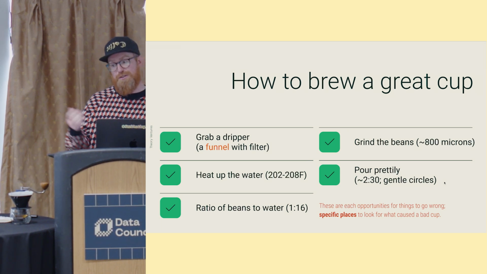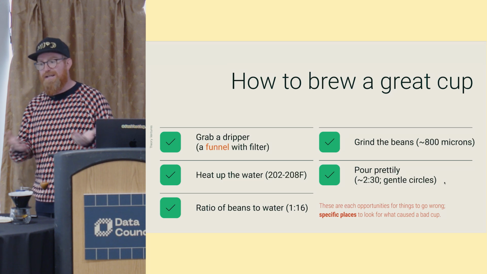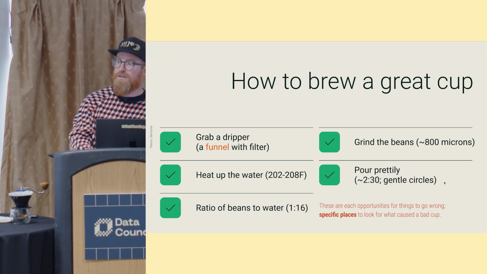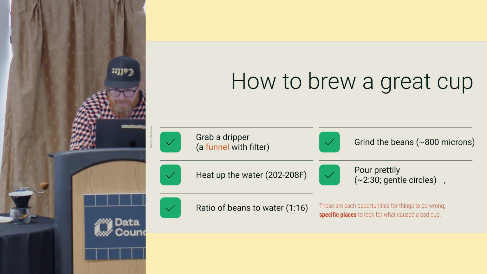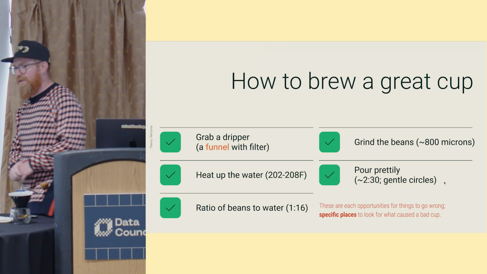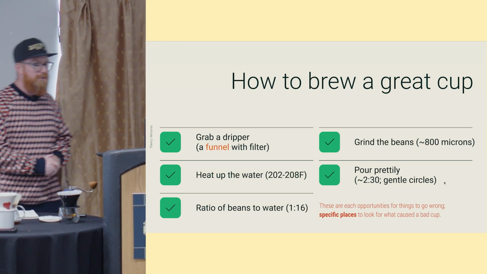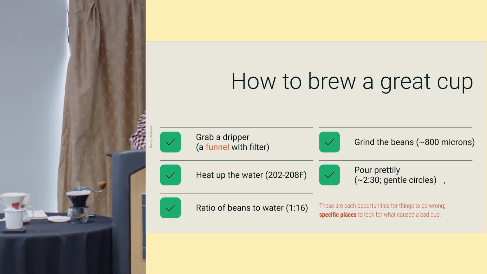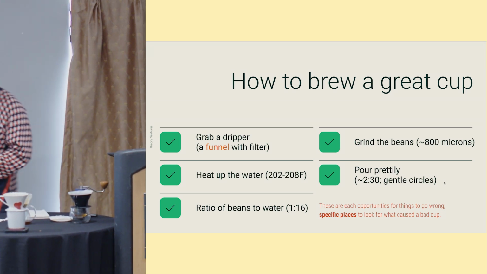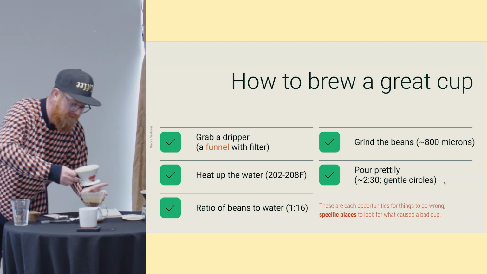I never got that human feedback until I had passed a previous hurdle. There are all these roadblocks in the way. These are opportunities for things to go wrong, and these are specific places to look for what caused a bad cup. So we're going to return to that idea several times throughout this talk.